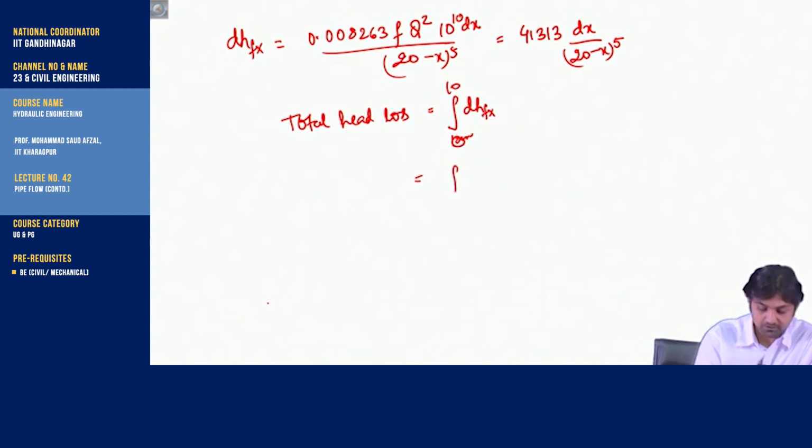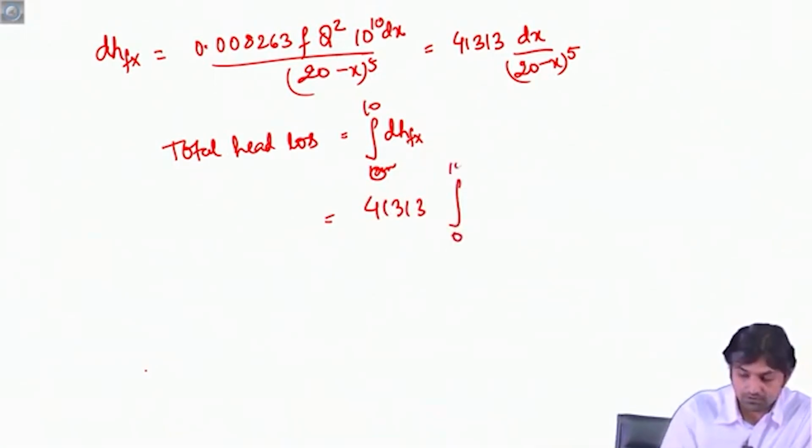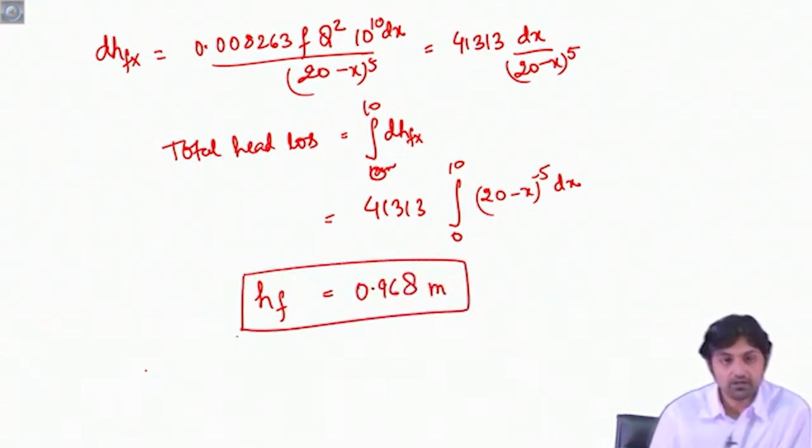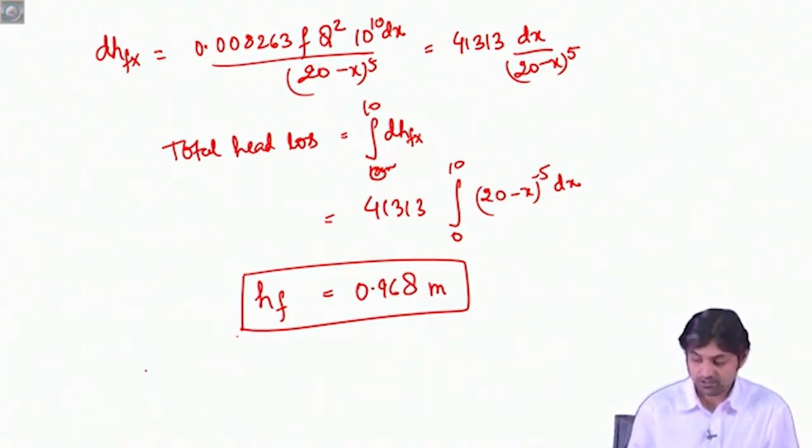So total head loss is going to be 41313 integral 0 to 10 of 20 minus x to the power minus 5 dx, and total head loss Hf is going to be 0.968 meter. So this is how you solve this question.